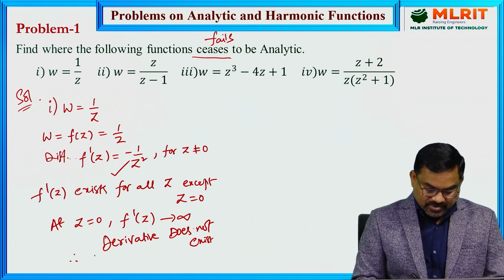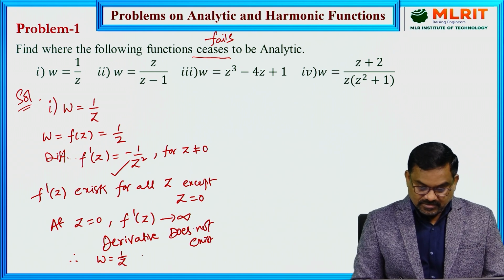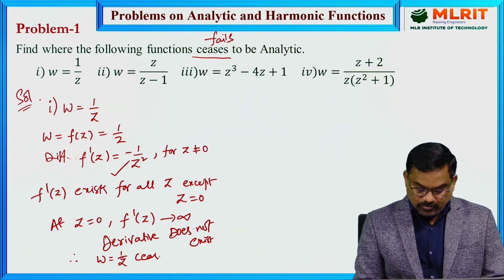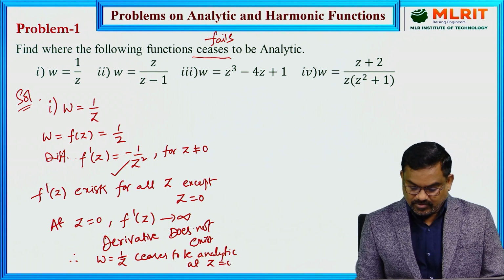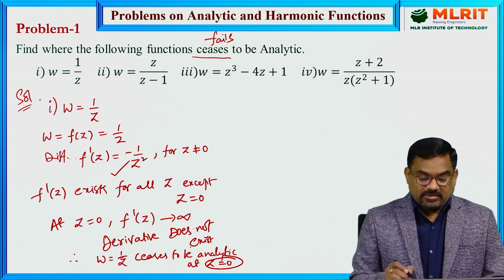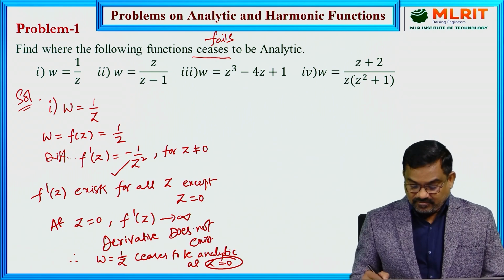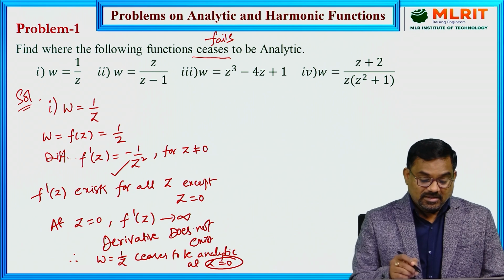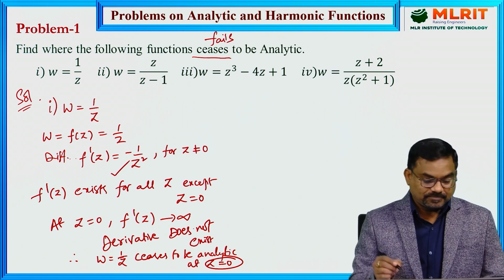Therefore, this function w equal to 1 by z ceases to be analytic at z equal to 0. So the derivative exists at all values of z except for z equal to 0. Hence, the function is not analytic at z equal to 0. That is the first one.